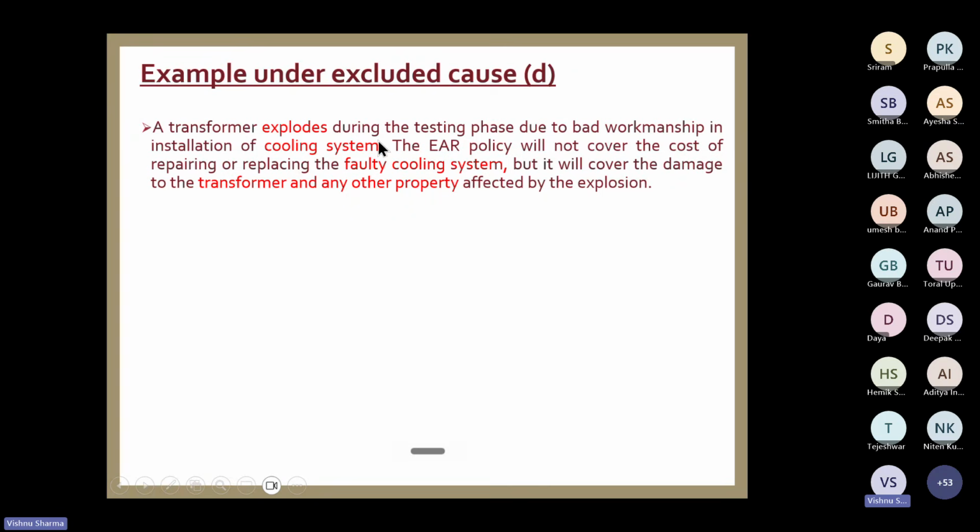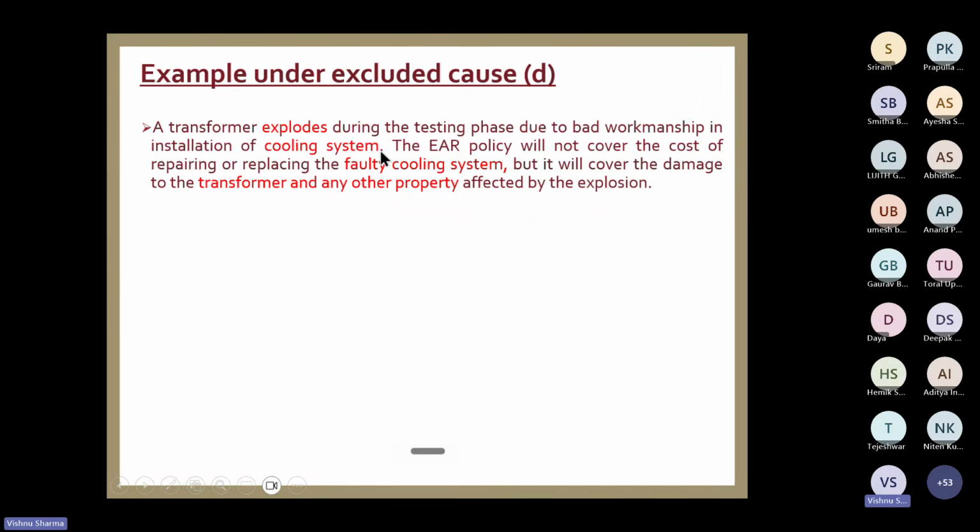Okay, there is a cooling system which was not correctly designed, or bad. There was bad workmanship in installation of the cooling system. Now, the ER policy will not cover the cost of repairing and replacing the faulty cooling system. I told you, rectification cost is not paid.